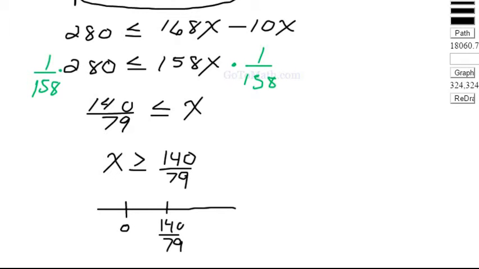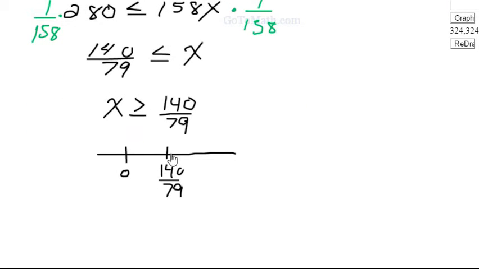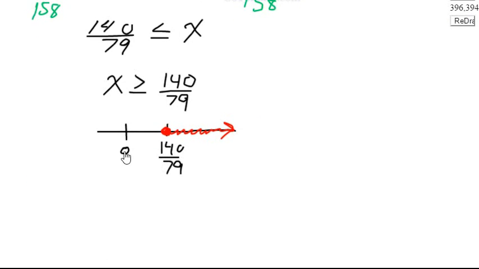Since there's not really a scale, we're including the number, so let's put a solid dot. X is greater than or equal to, so everything greater than or equal to it. Now the interval notation: we put a bracket here, 140 over 79, and then to infinity. There you go.